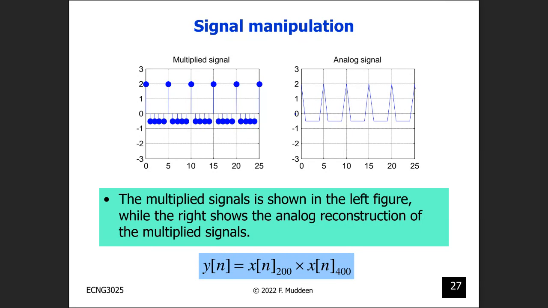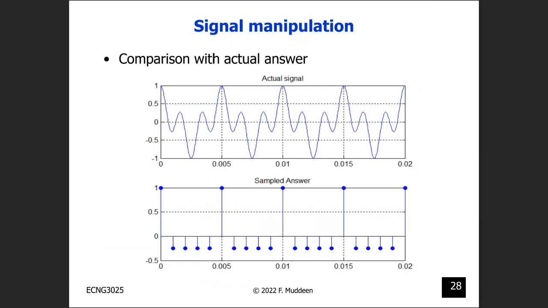If I were to reconstruct it, this is what it's going to look like. If I were to do it with an actual electronic circuit, this is what the actual signal is going to look like. This is what the discrete time version looks like, the sampled answer, right?